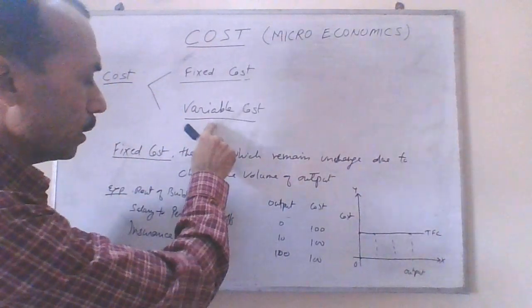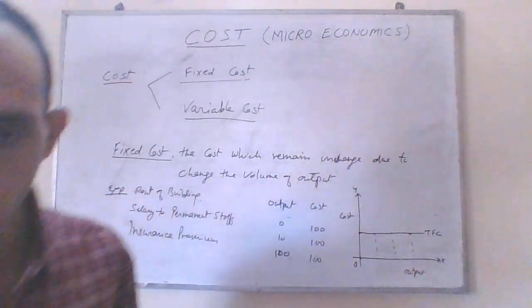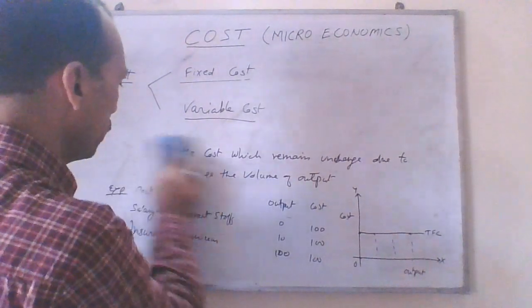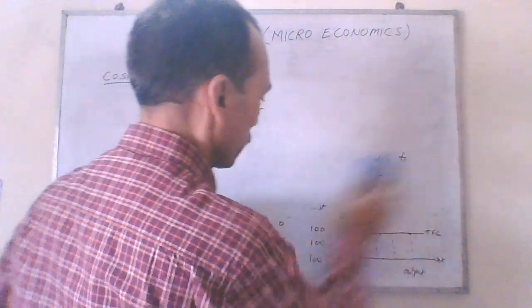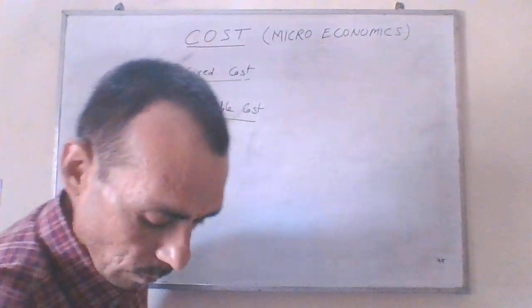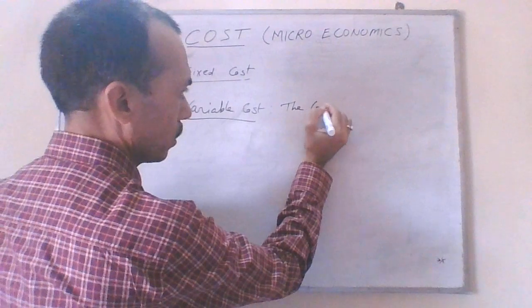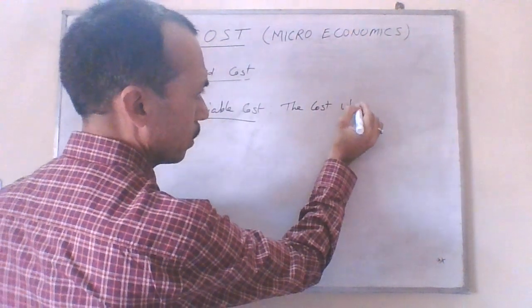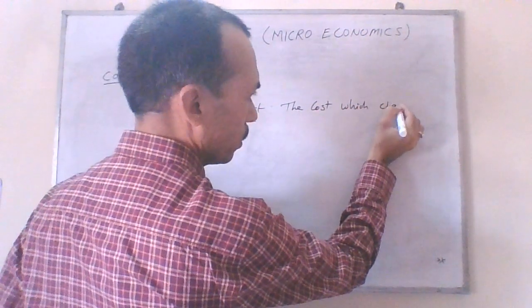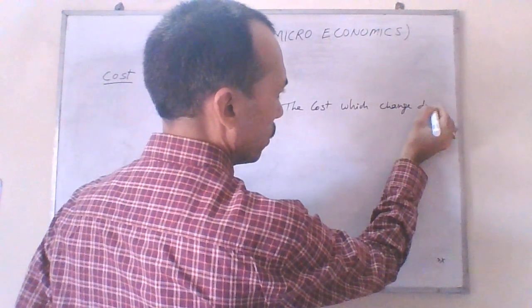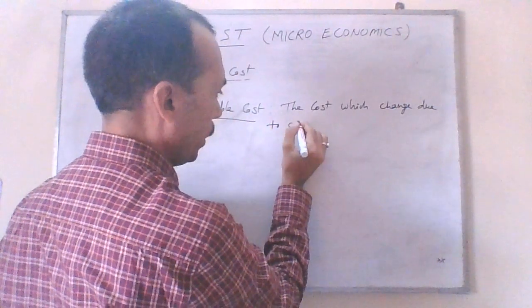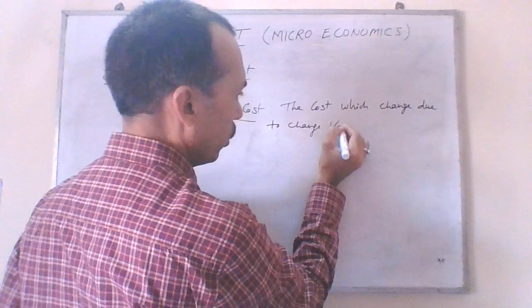Next, variable costs. Variable costs are those costs which change due to change in the volume of output.